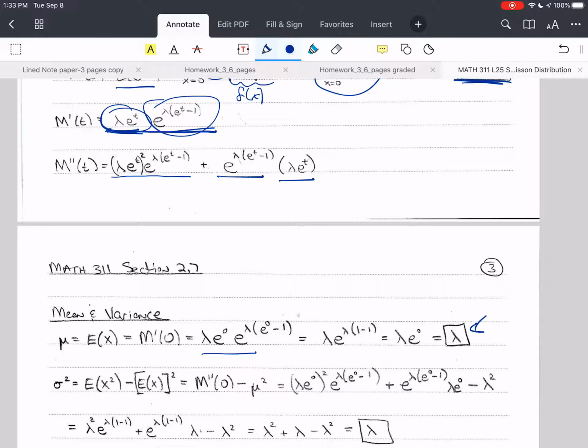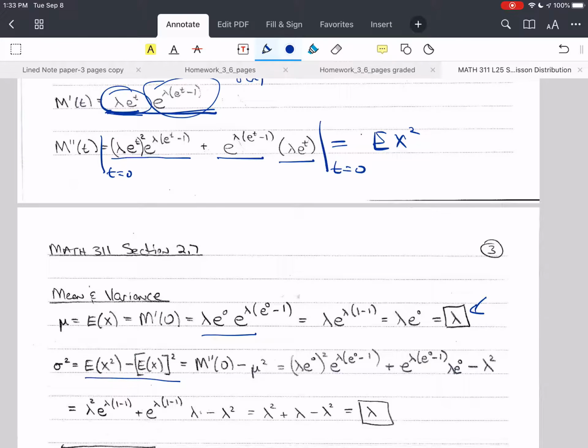Now, don't forget that sigma squared is not equal to E of x squared. At t equals 0, this expression is E of x squared. So sigma squared is E of x squared minus E of x quantity squared, which I've written out as M double prime of 0 minus mu squared, and then we plug in zeros for everything.